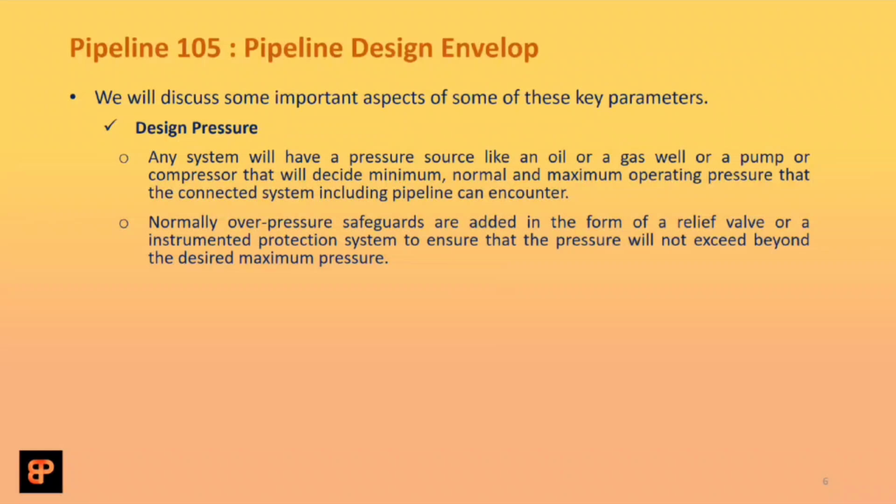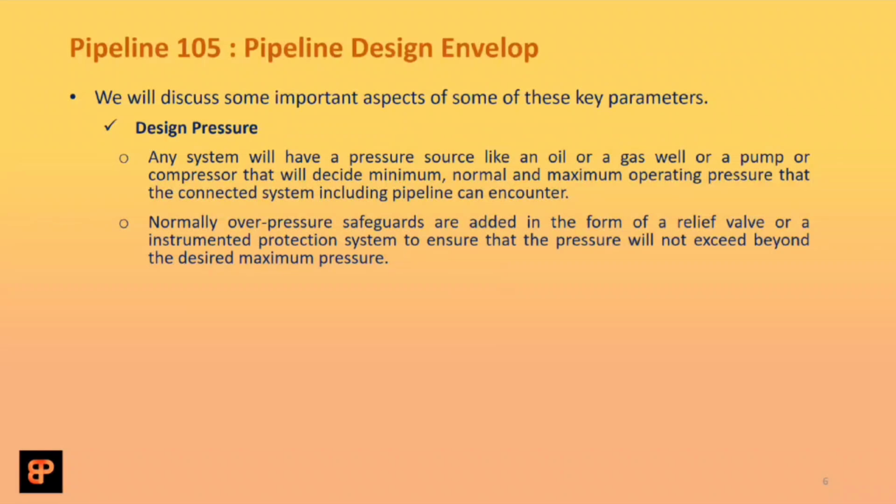Then, as I said, we have to ensure that these parameters remain within the design envelope. If we are designing the pipeline for a certain pressure, selecting the thickness for a certain hoop thickness, then we cannot allow the pressure to go beyond that.